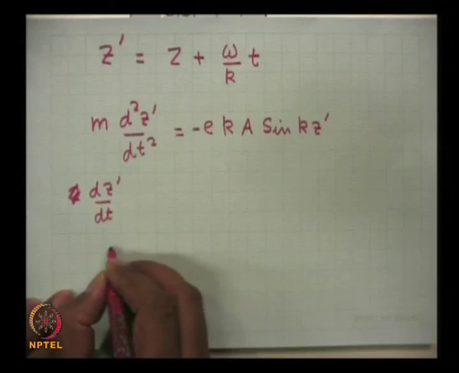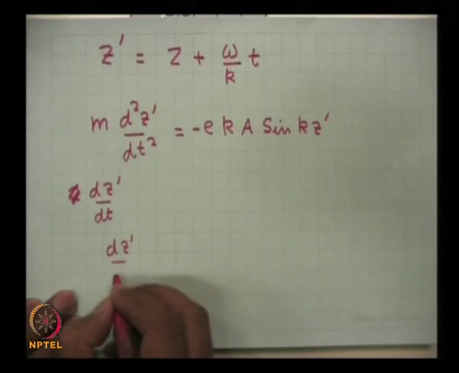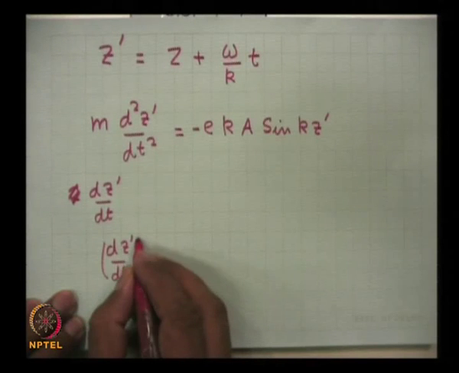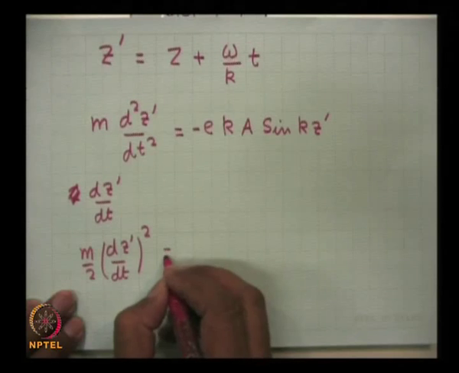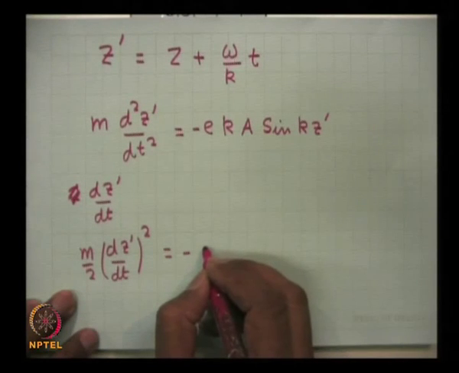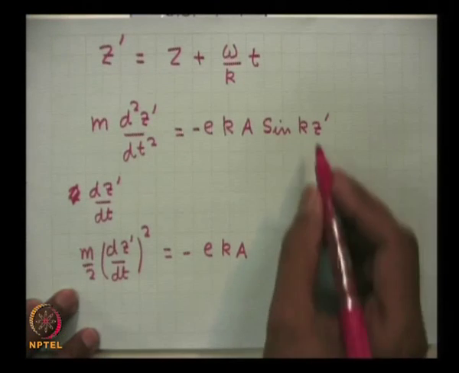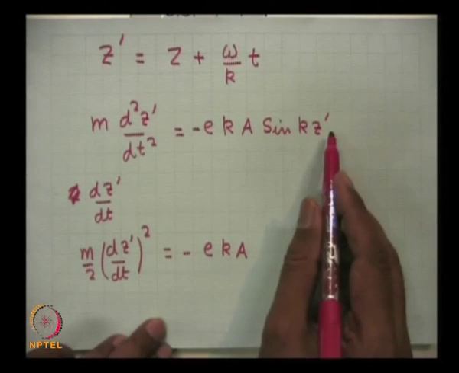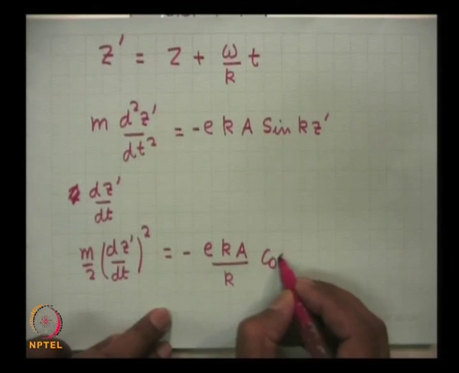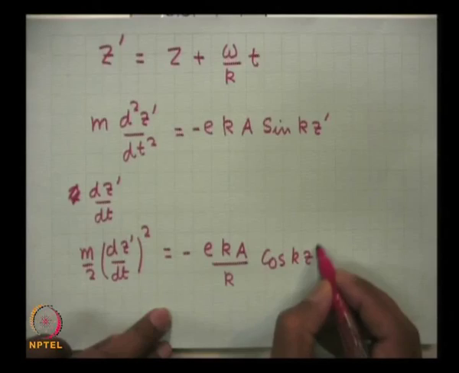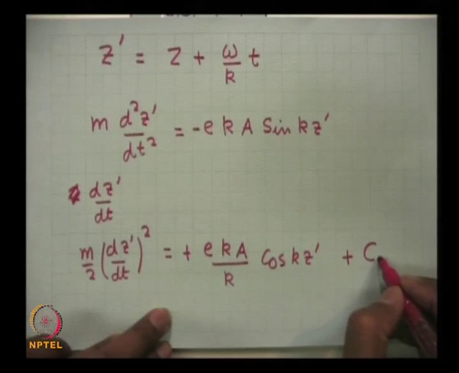This equation essentially becomes dz prime by dt whole square into m by 2 is equal to minus e k a. Now when you integrate sin kz prime, it gives you k here and becomes cos function of kz prime plus a constant of integration C1.